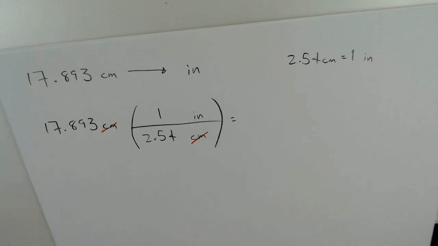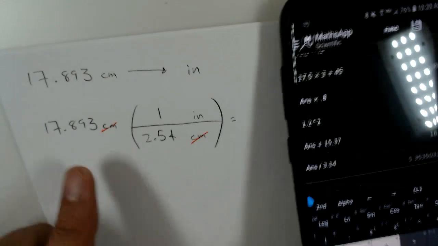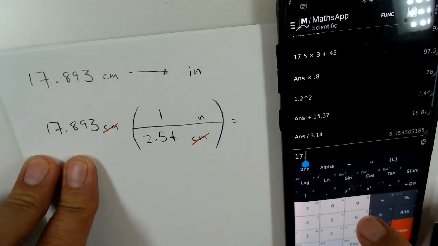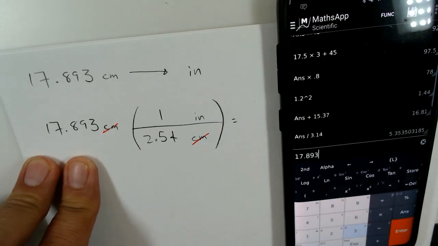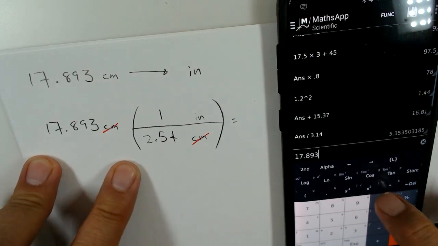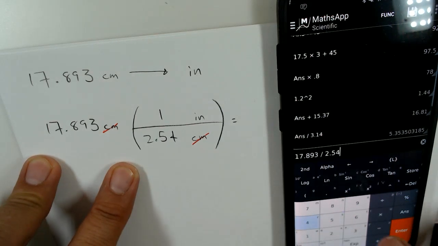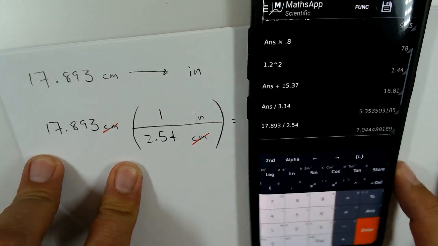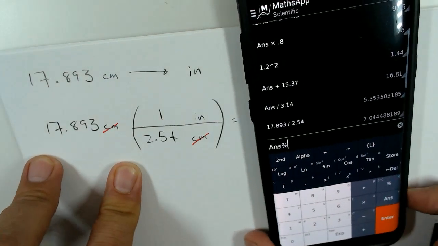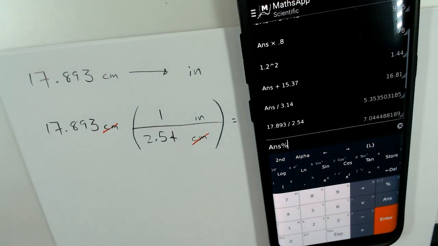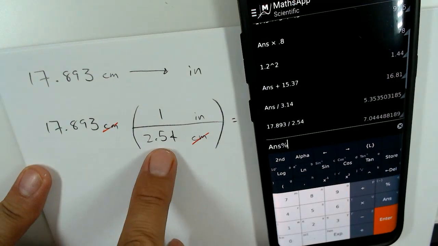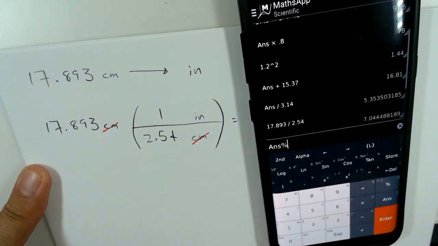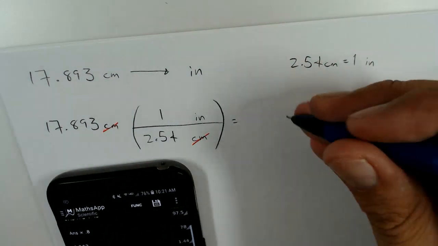All right, so 17.893 divided by 2.54, and I get this long number here, 7.0, blah, blah, blah. How many sig figs should I write my answer to? 5. Yep. Even though that number has 3, that's a definition. It's what you came in with.